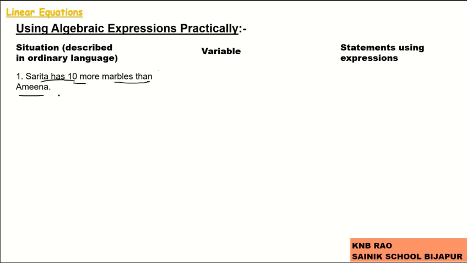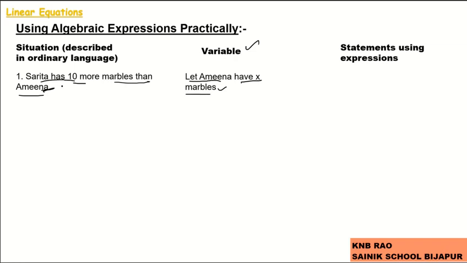This statement says Sarita is depending on Amina, or I can say the number of marbles with Sarita depends on the number of marbles with Amina. So, we need to assume the number of marbles with Amina as the variable. So, let Amina have x marbles, which becomes the variable.